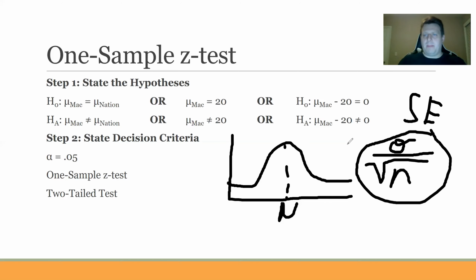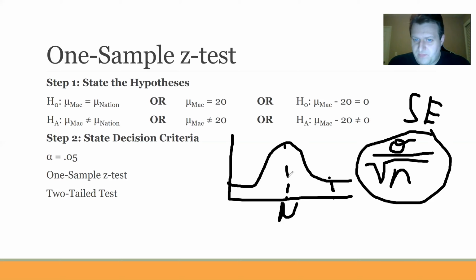But we have a problem. This value right here, where we get only a certain percentage of time, is going to be different with every single distribution we have. It's going to be different if our population mean is 500, it's going to be different if it's 300 or 30, it's going to differ with the number of subjects that we have and what the true population standard deviation is.